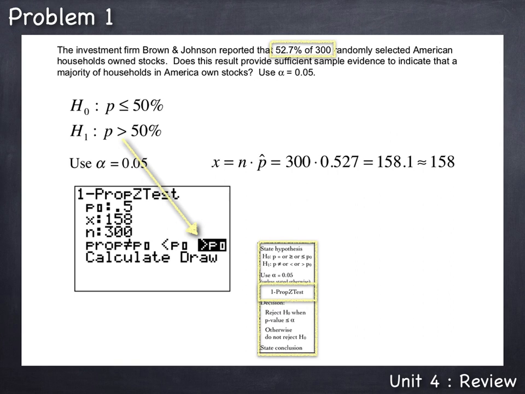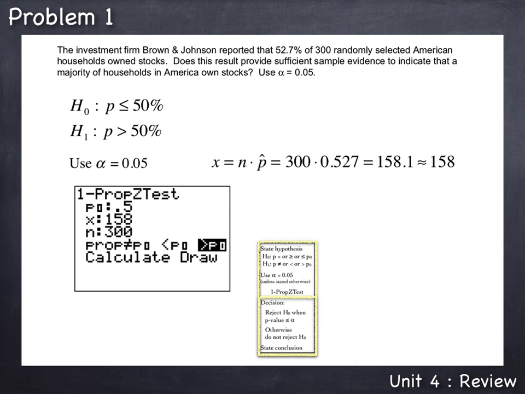So we arrow the cursor over so that it's blinking on the greater than and press enter to select. Now the calculator is matched up with the hypothesis that we're testing in this problem. Now that we have all the information inputted, we can arrow down so that the blinking cursor is on calculate and press enter. The calculator will then calculate the p-value we need to go to our next step.